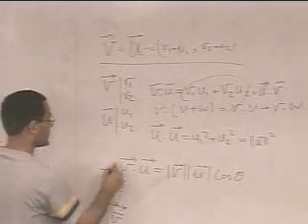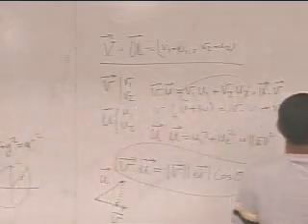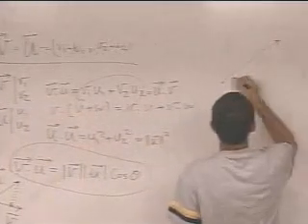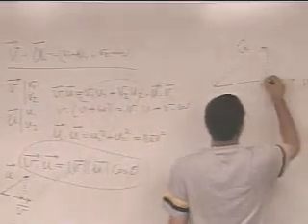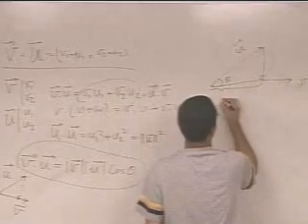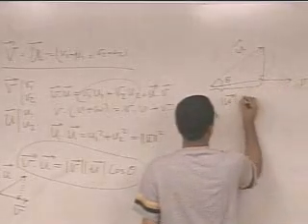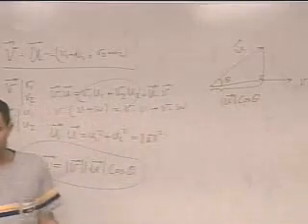Knowing the properties of the dot product and a little bit of trigonometry, if this is U, this is V, this is the projection, and this is theta, this length is equal to U cosine of theta. So we know that from trigonometry.